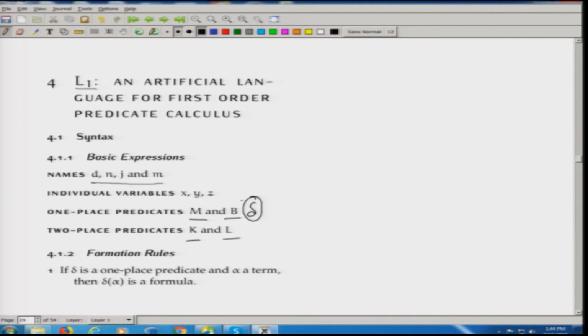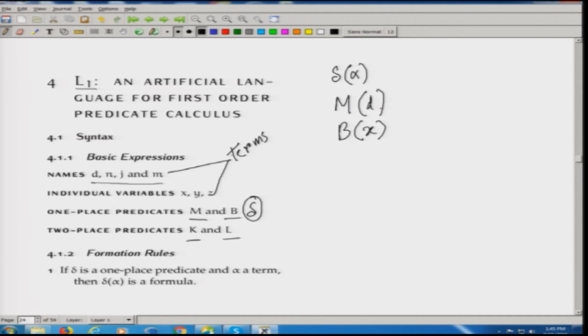So what is a term? Either an individual name or an individual variable is a term. These are all terms. So we can choose a name. So delta alpha can be something like M D or B x. Both are terms.